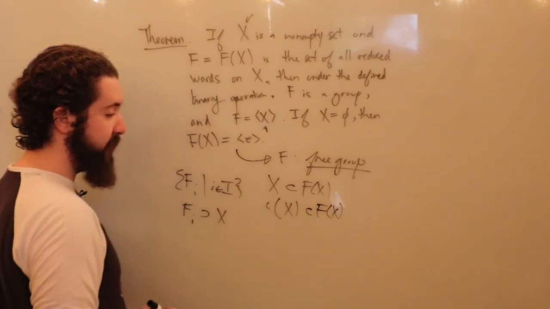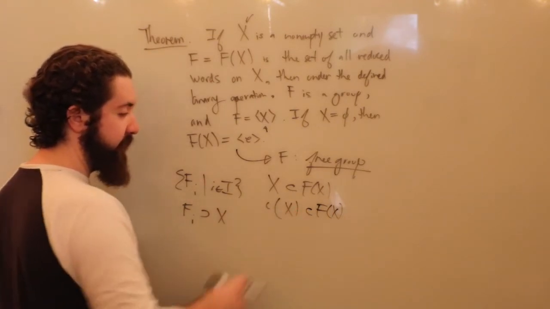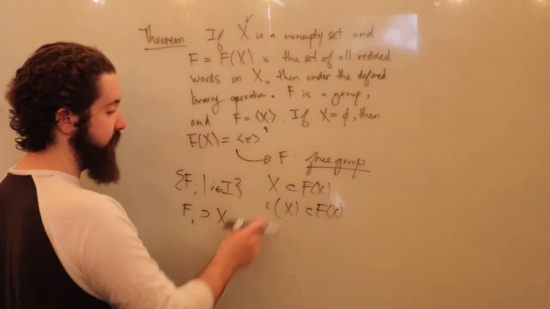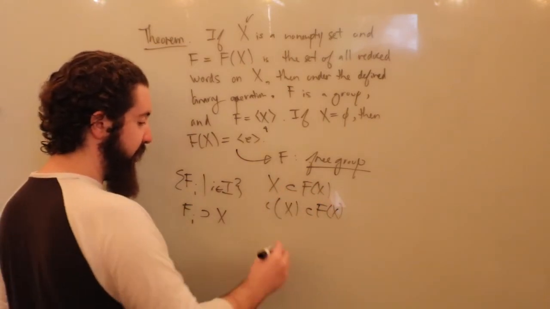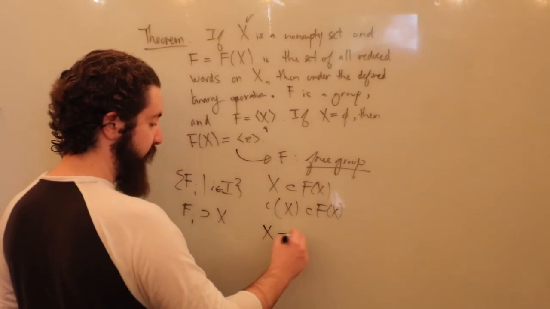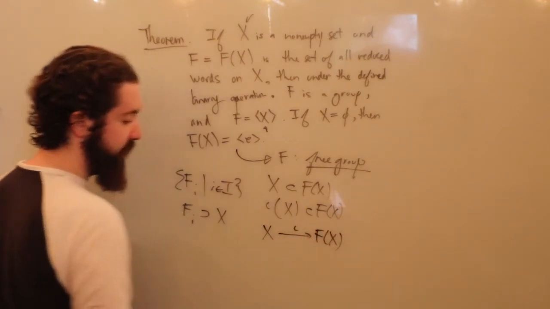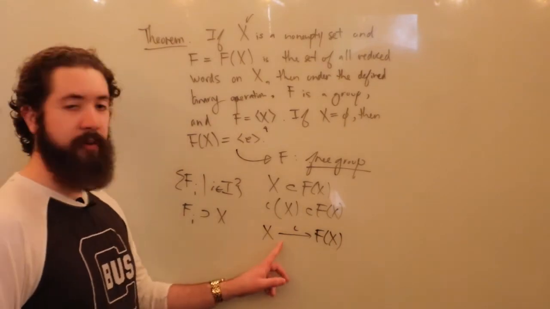So the only difference is that this X has a group structure, or is part of a greater group structure, whereas this X was just a set. So if we draw a diagram, we have X being taken to F(X) by the inclusion map, and this is something that we will use frequently.